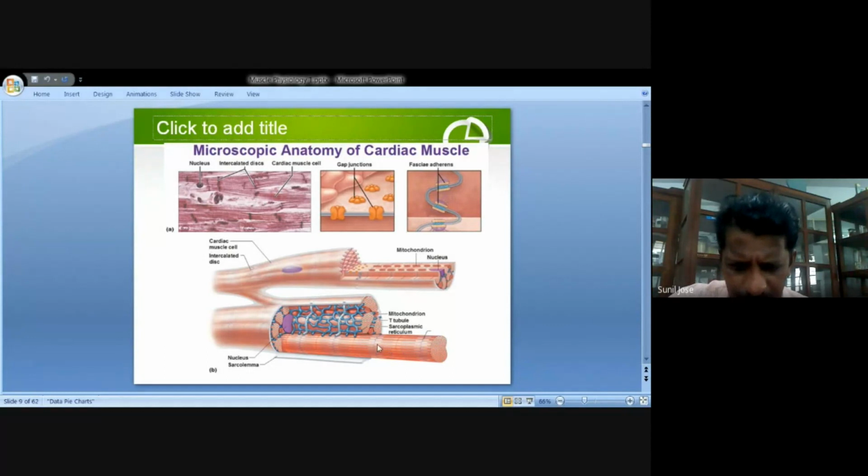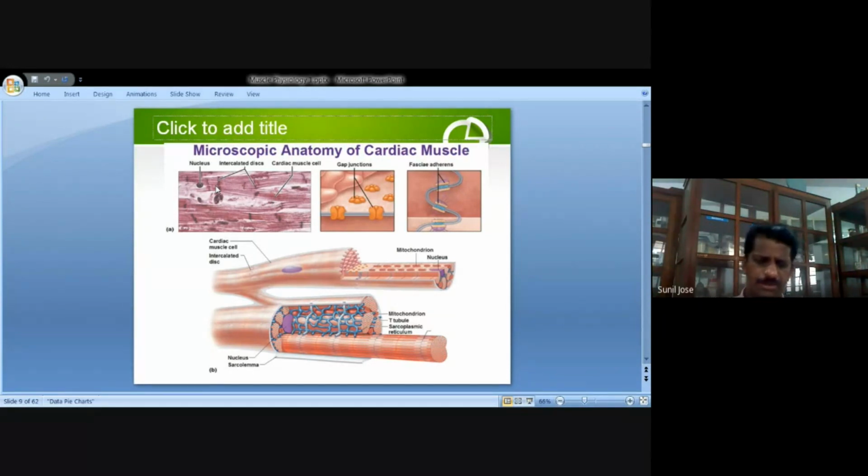This is the intercalated disc. This one is the intercalated disc. I don't think you may be able to see it clearly on your mobile. Now each cardiac muscle cell will have a single nucleus. See here you can see the intercalated disc properly. So these are the structural details of the second type of muscle, known by the name cardiac muscle.